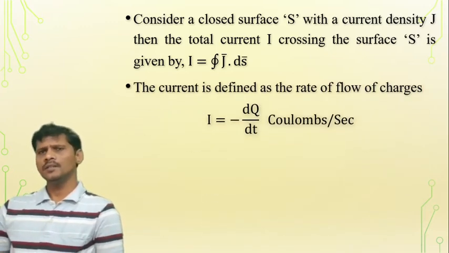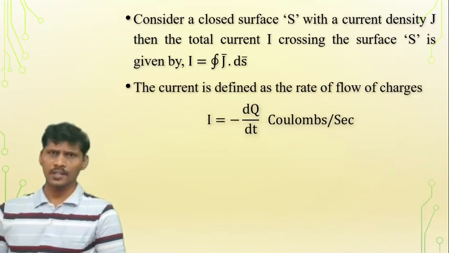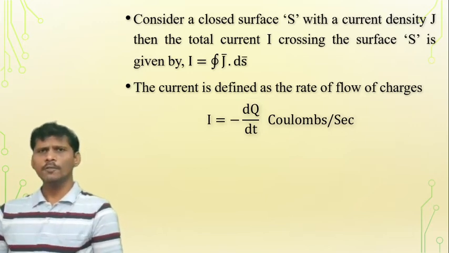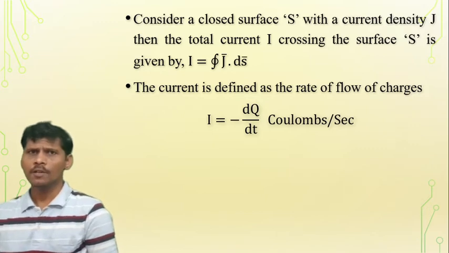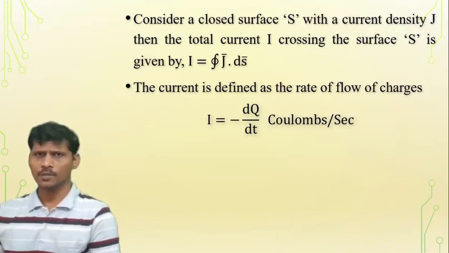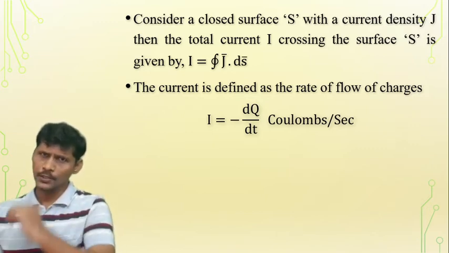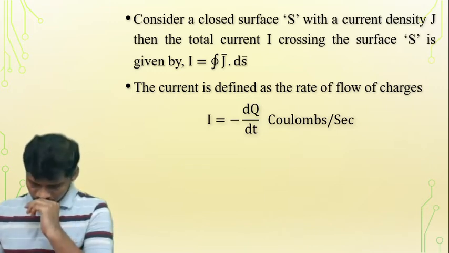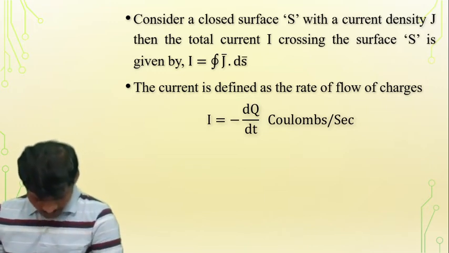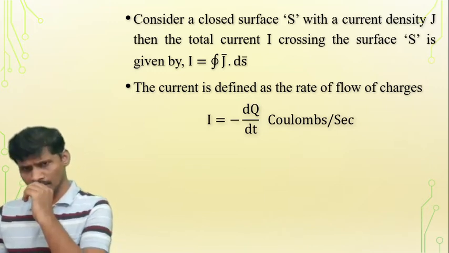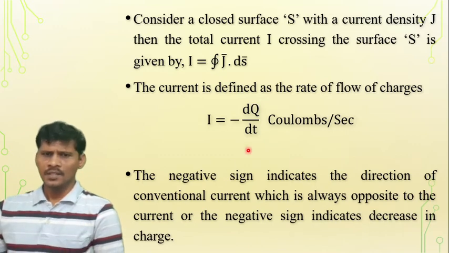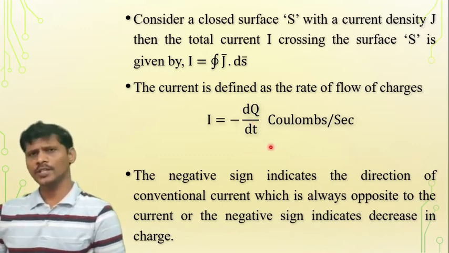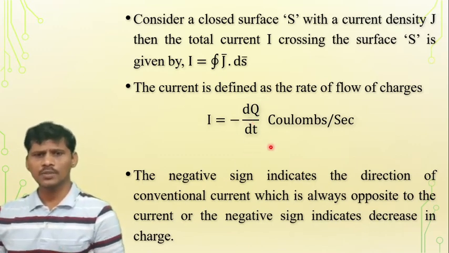Current is defined as the rate of flow of charges, that is I is equal to minus dq by dt, and the dimension of the current is amperes or coulombs per second. In this equation, the negative sign indicates the direction of the conventional current.